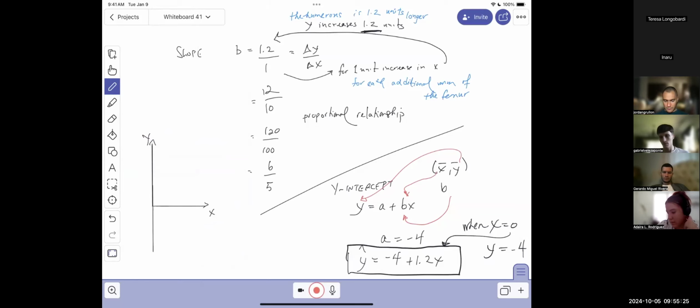So the line's going to cross through. This is x equals 0, the y axis. So it's going to cross through here. That's all it's saying. And I know that it goes like this because the slope is positive.